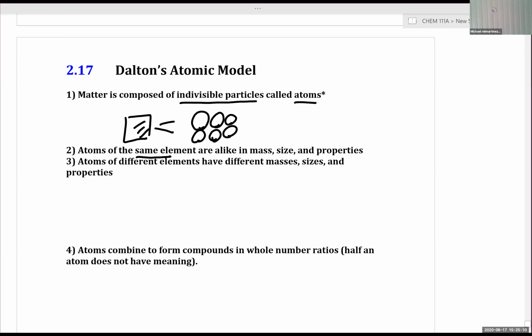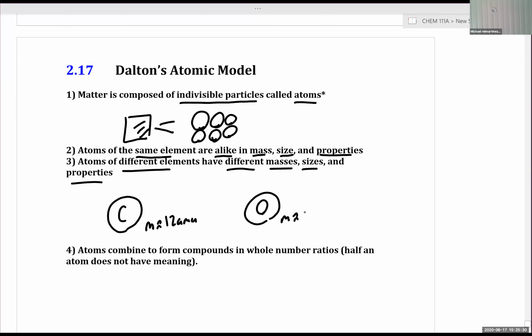Atoms of the same element are alike in mass, size, and properties. Atoms of different elements have different masses, sizes, and properties. So for example, a carbon atom has a mass of approximately 12 AMU, while an oxygen atom has a mass of approximately 16 AMU.